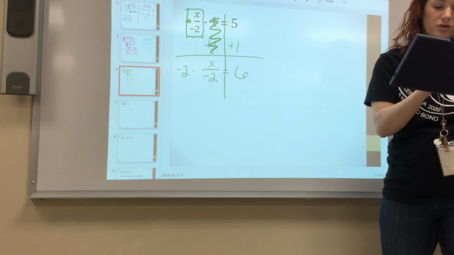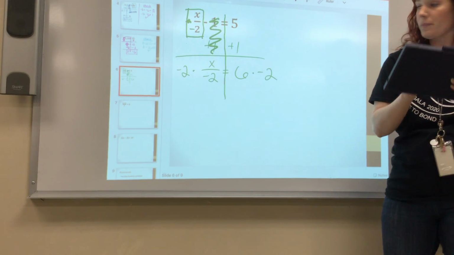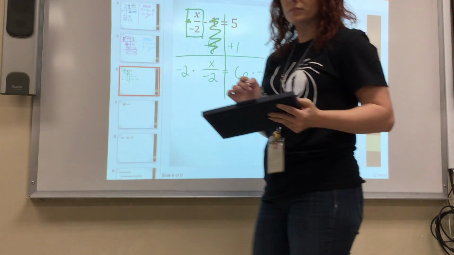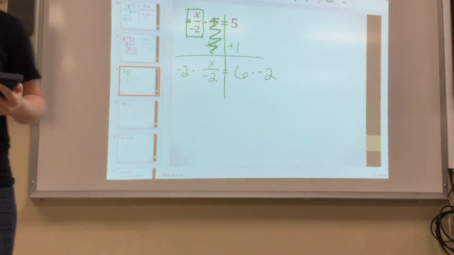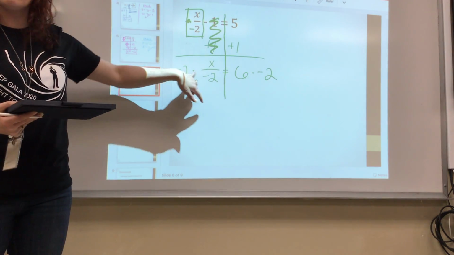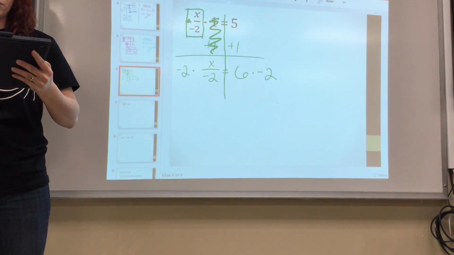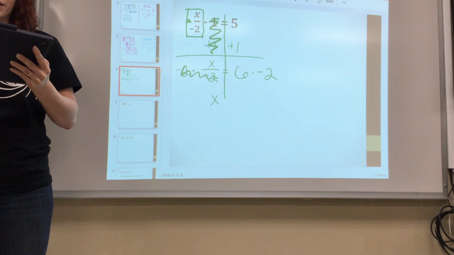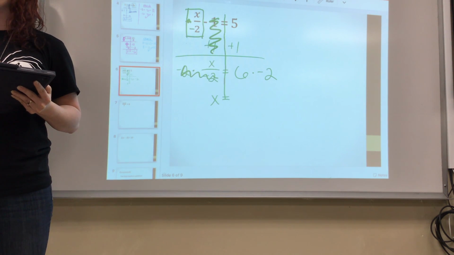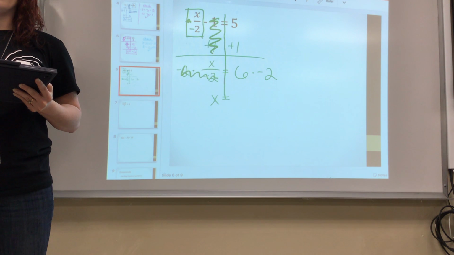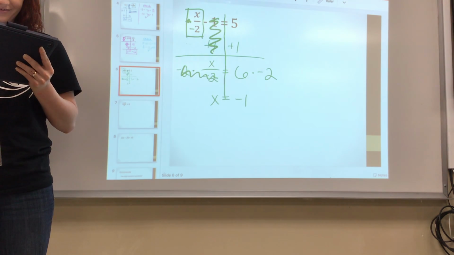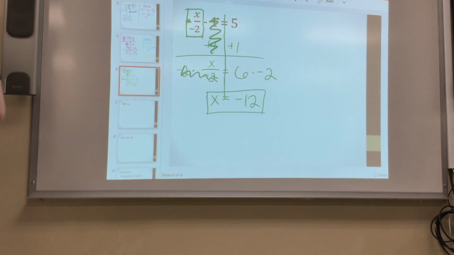So multiply by -2. Inverse operations, multiplication and division. So we cross those out. X equals -12. Thank you. X equals -12.